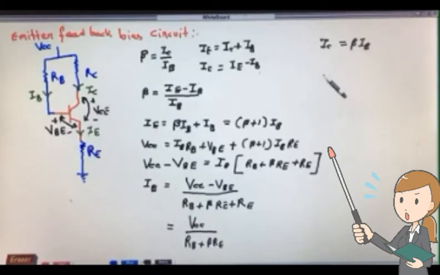So it will be equal to beta VCC upon RB plus beta times RE.